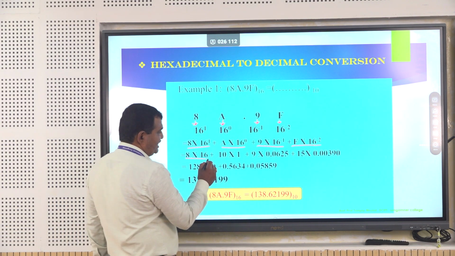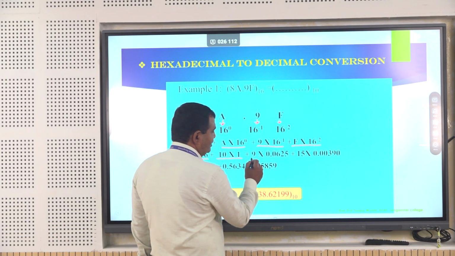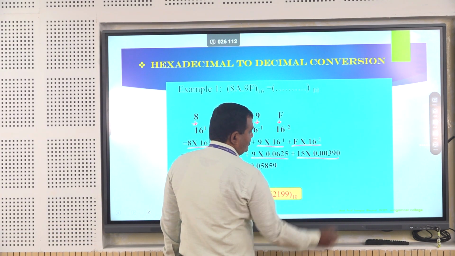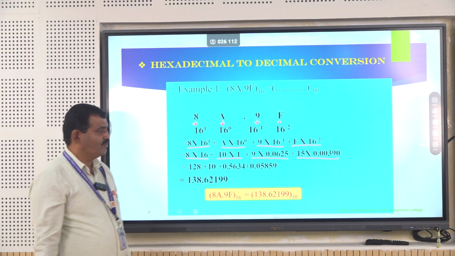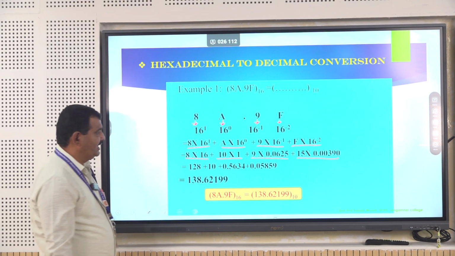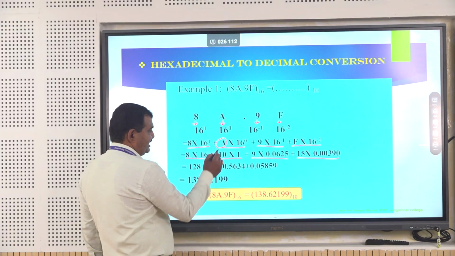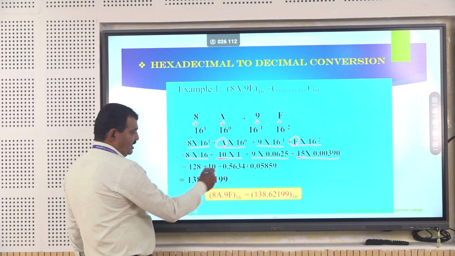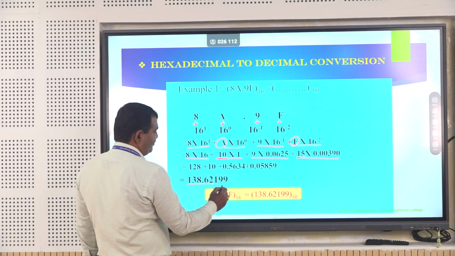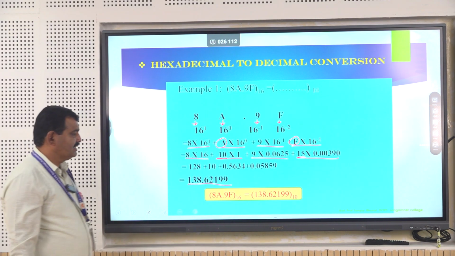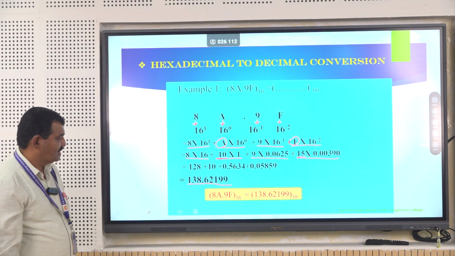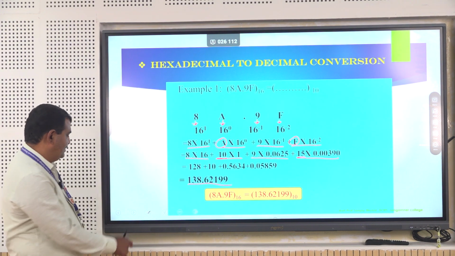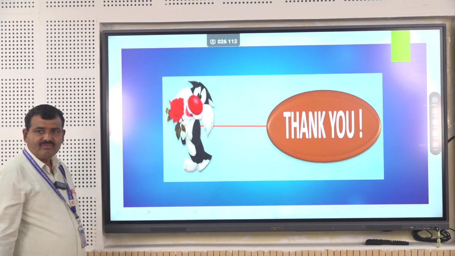So, 8 into 16 plus 10 into 1 plus 9 into 0.0625 plus 15 into 0.00390. This A is equivalent to 10, this F is equivalent to 15, and after solving this equation we get 138.62199 as the decimal equivalent for 8A.9F.